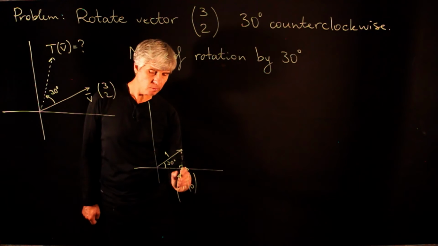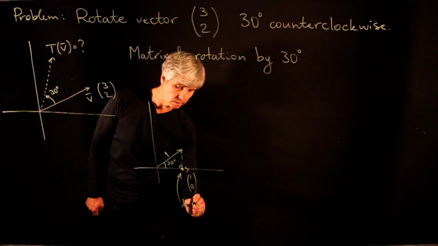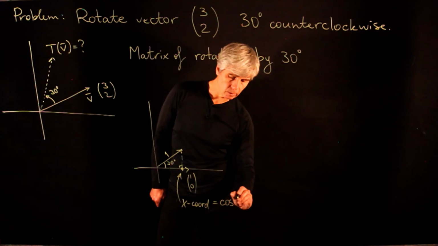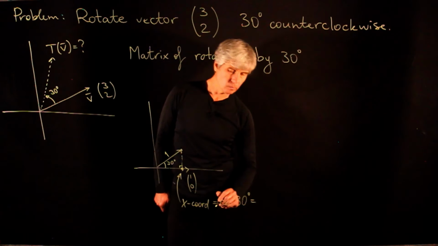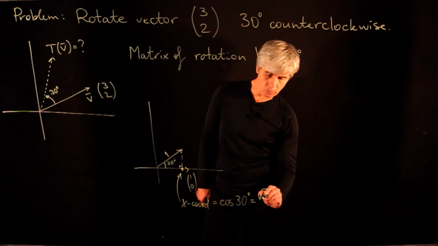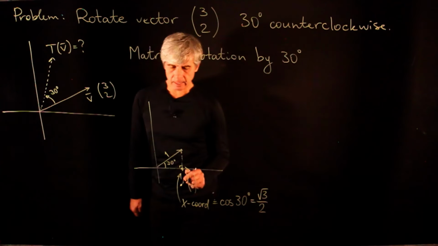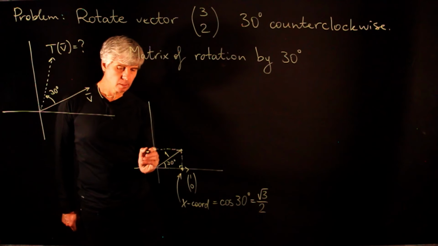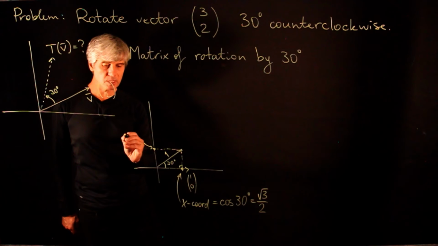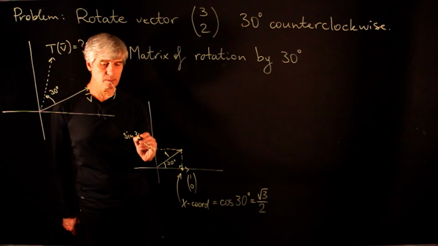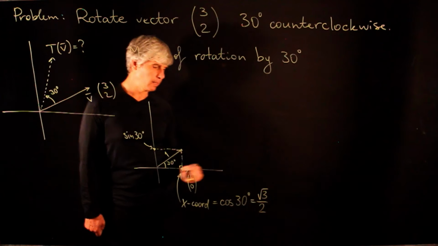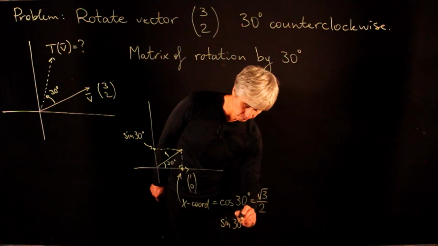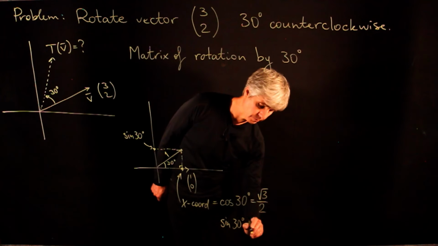And from trigonometry, we know that the x-coordinate of this point is cosine of 30 degrees, which is square root of 3 over 2. And the y-coordinate of this point here is equal to sine of 30 degrees, and the sine of 30 degrees is equal to 1/2.